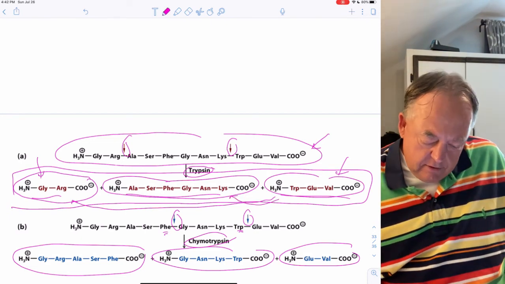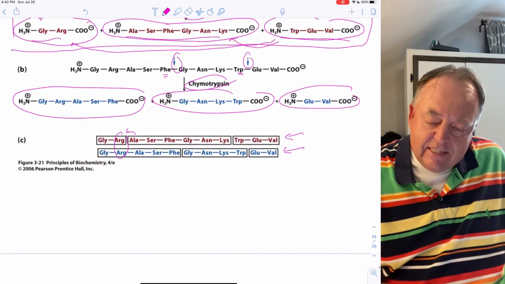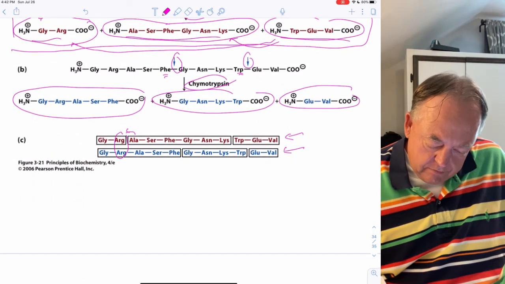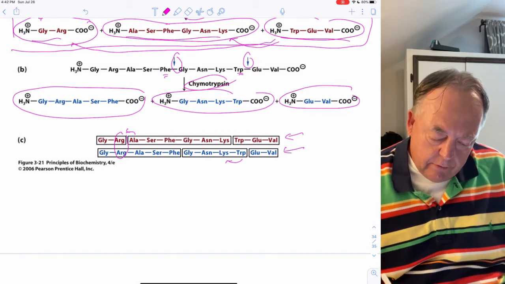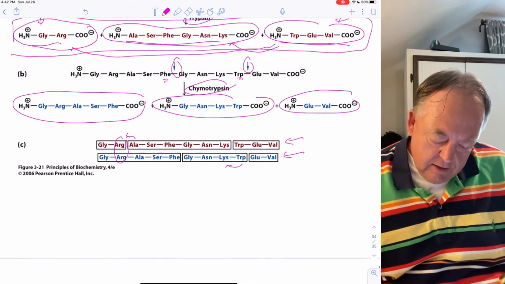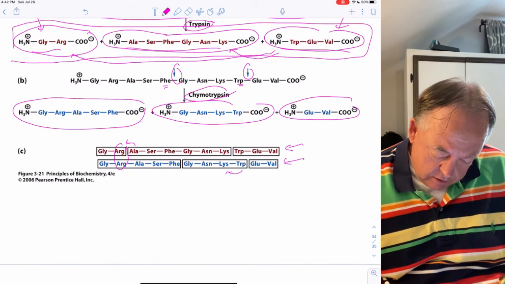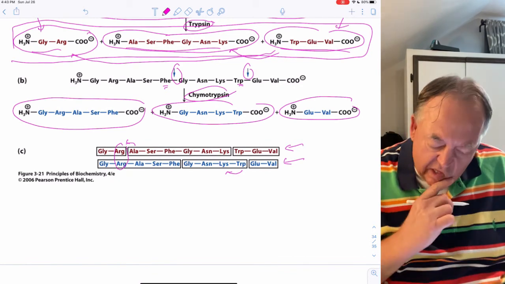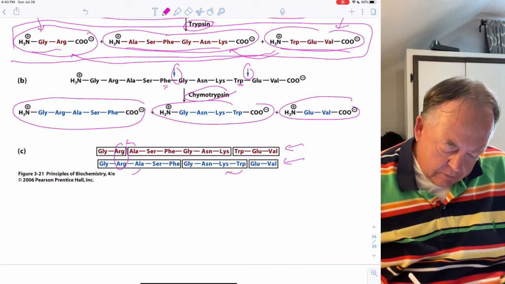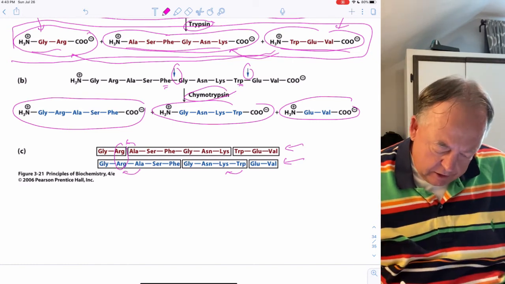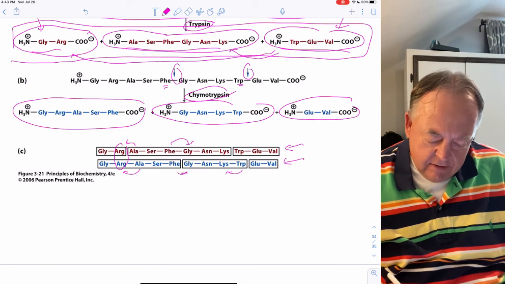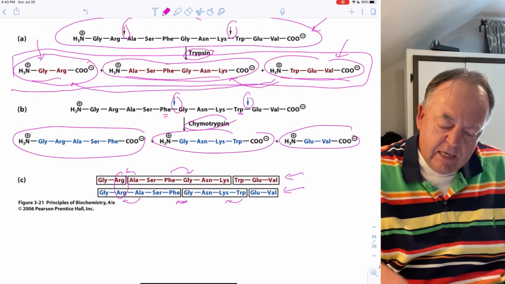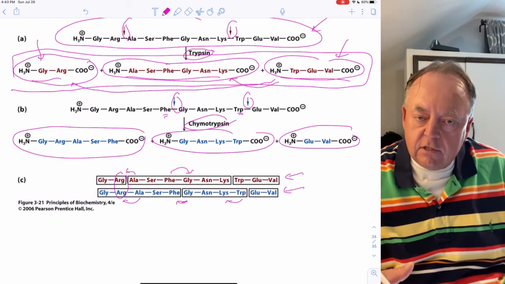You don't know that, but if you put these pieces together, then you know that tryptophan must be attached to lysine from this chymotrypsin degradation, and so then this alanine must be attached to this arginine, and this phenylalanine must be attached to glycine from putting the pieces from the different degradations together.